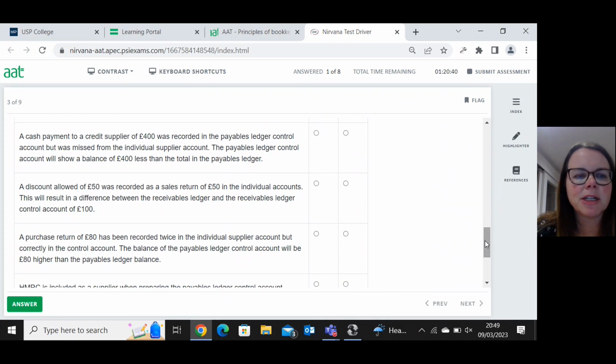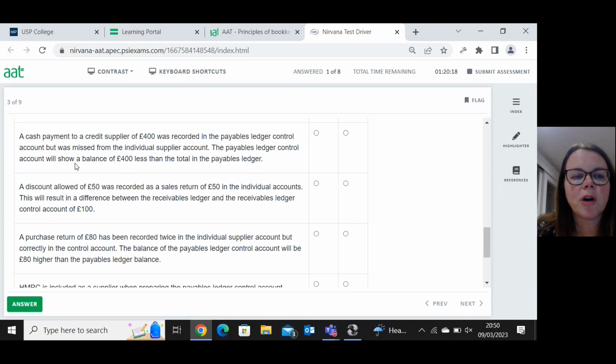A cash payment to a credit supplier of 400 was recorded in the PLCA. In the PLCA, the cash payment would be put in as a debit, but it's missed from the individual supplier's account.